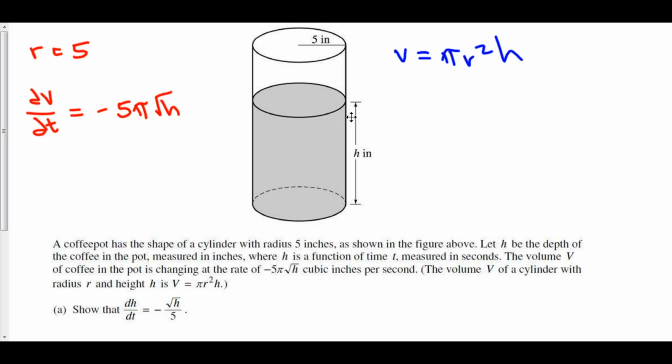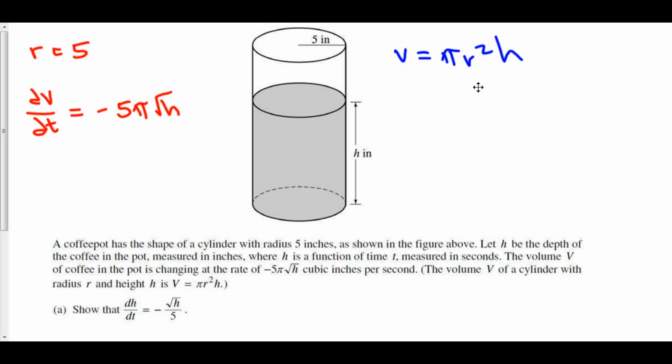V is a variable because the volume of the cylinder is decreasing over time. So V is changing, making it a variable. h is also changing. The height of our coffee is decreasing over time, and because h is changing, h is a variable.